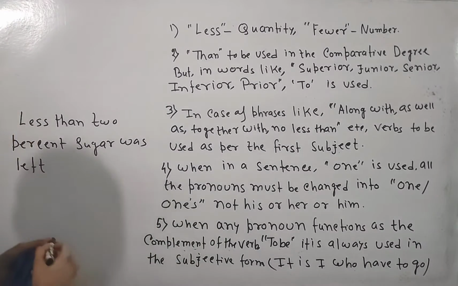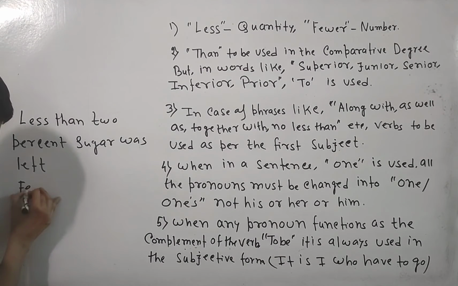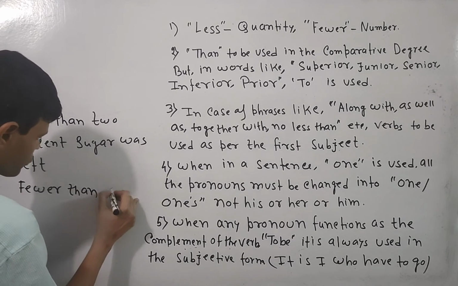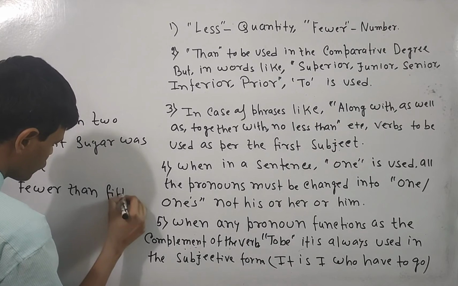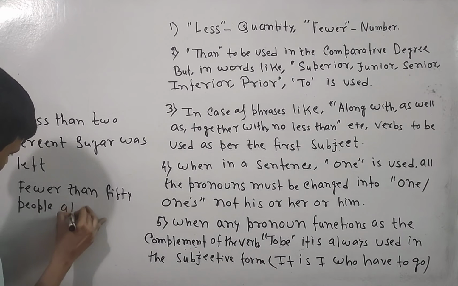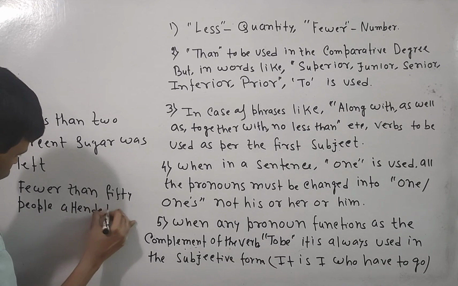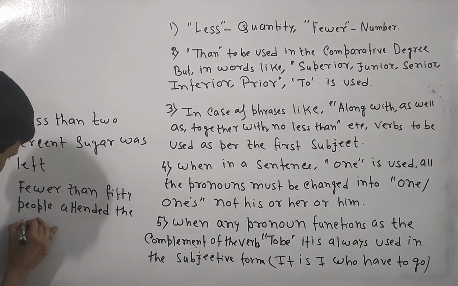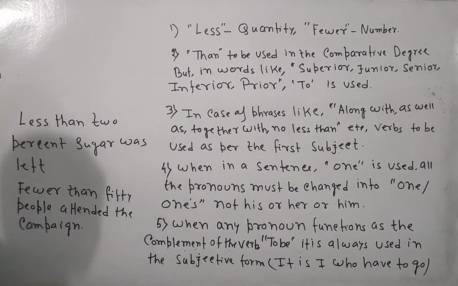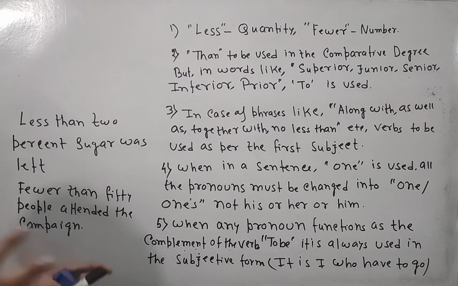On the other hand, if I say, fewer than 50 people attended the campaign, whenever you say fewer than 50 people, it is all about counting or numbering.